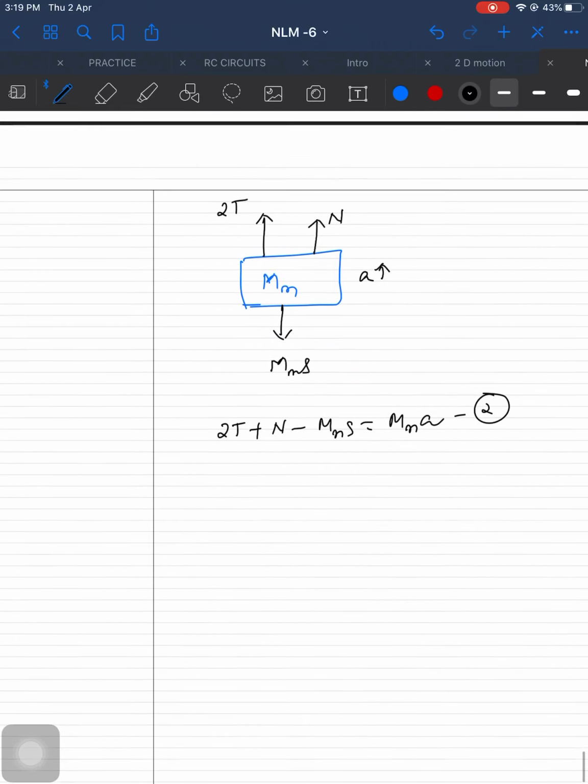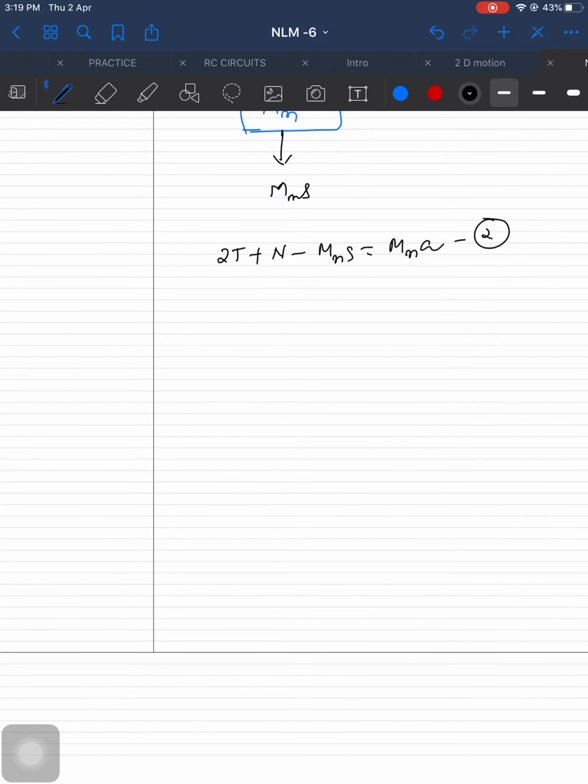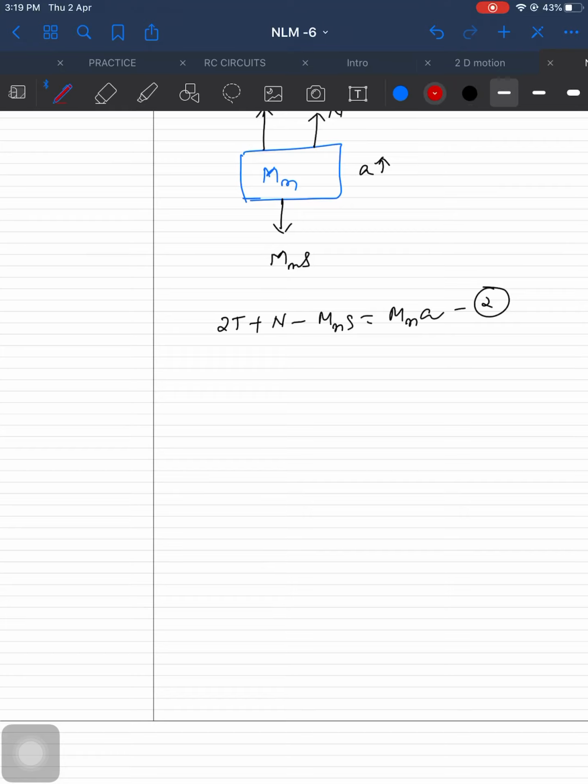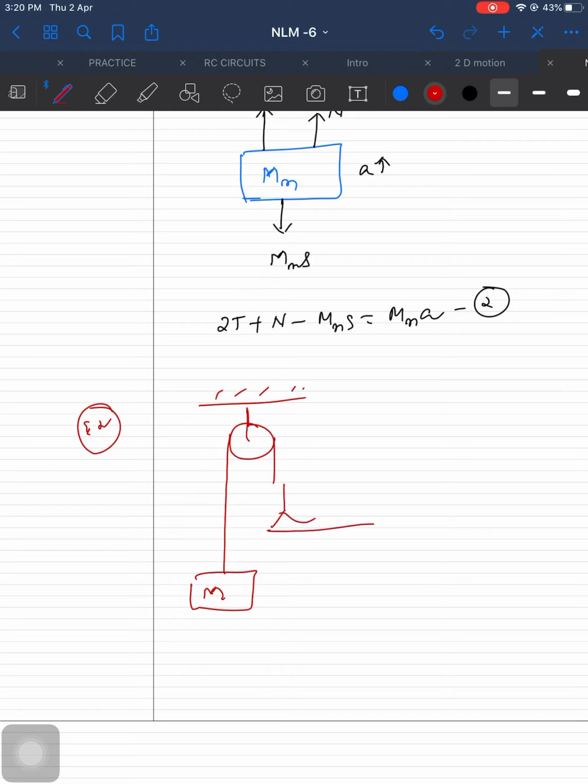Okay, now let's see one more problem. This is a block of mass M, and there is one fellow standing and catching it.